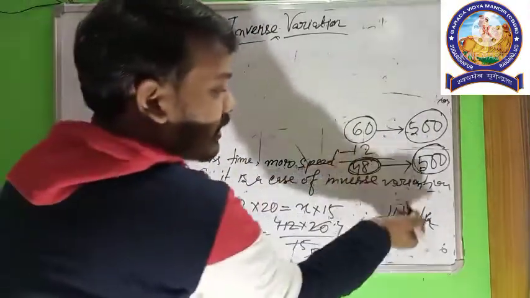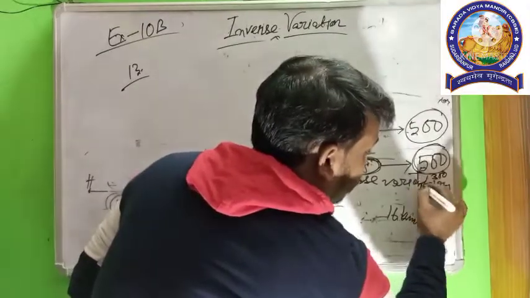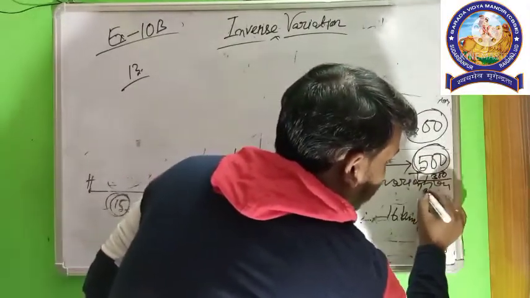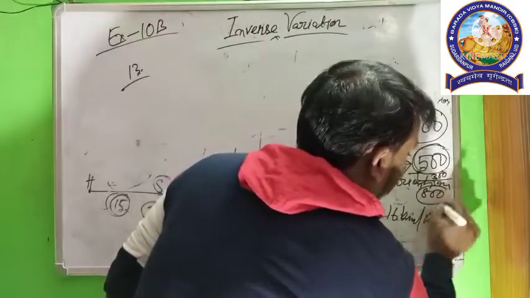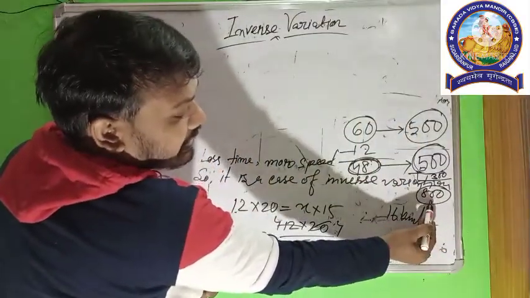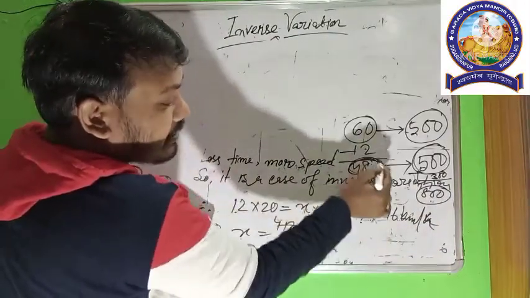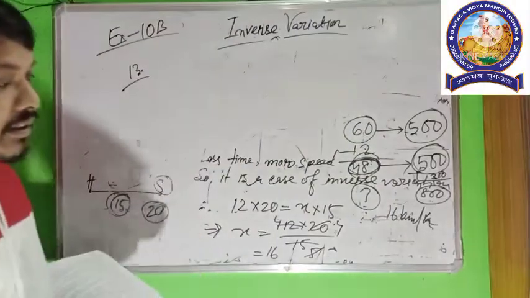Now after 12 days, 300 more students join, so the number of students is 800. Now the question is, if the number of students is 800, then how many days will this ration last?